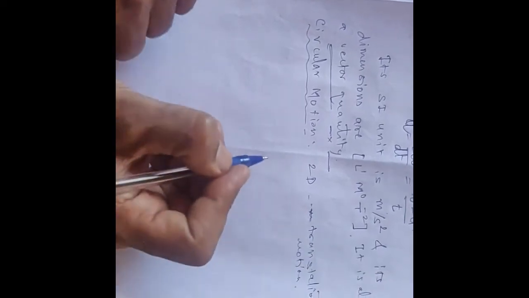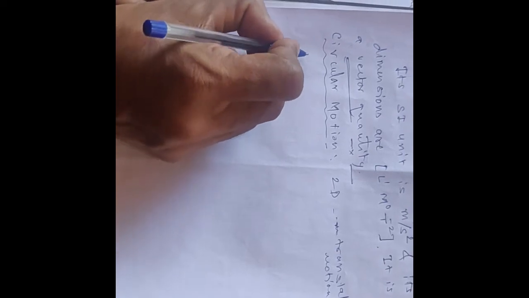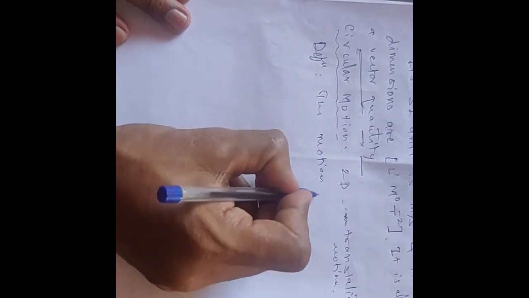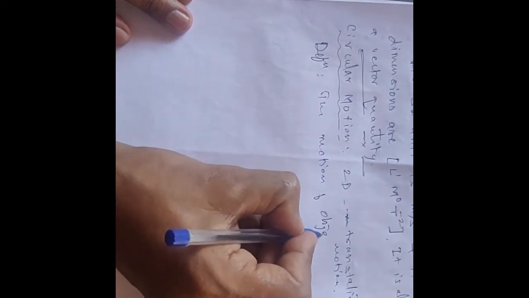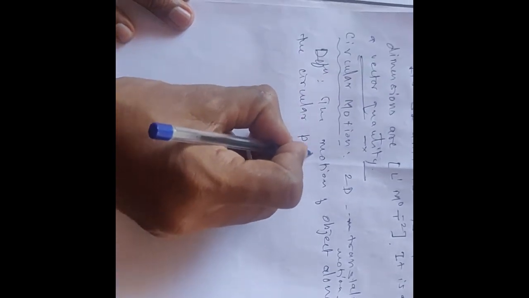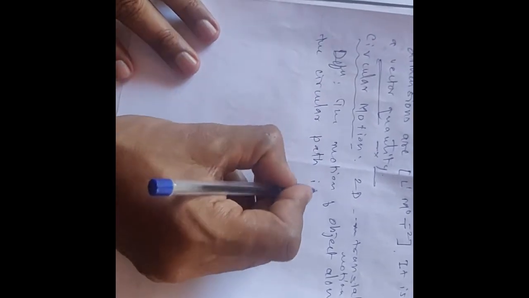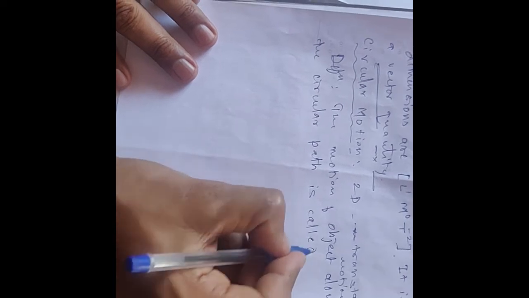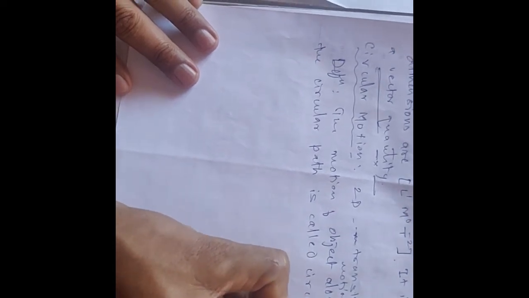And now we have to define this motion. The motion of any object along the circular path, or circular track, or along the curved path is called circular motion.